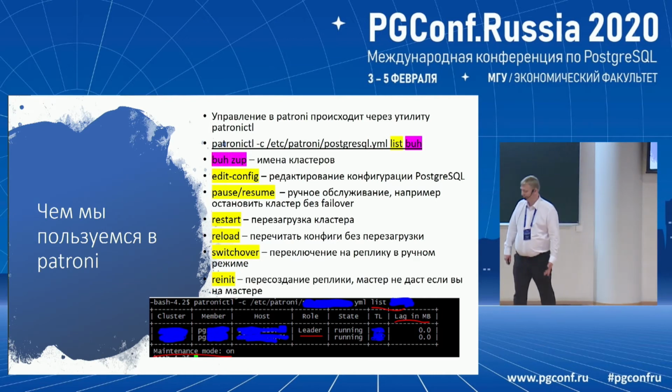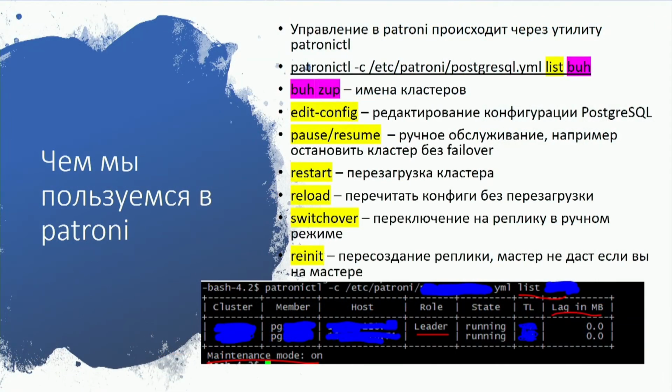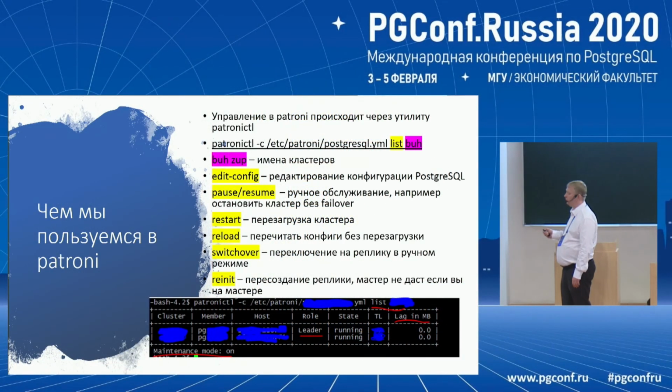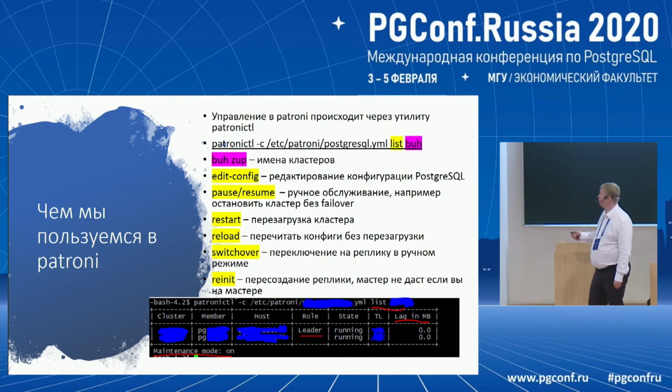What do we use in Patroni? Why is it so convenient for us? Well, actually it's very simple. We can manage it in the following way. Config files, patronictl list. And on the servers we can have several config files. However, in this case, Patroni controls them by itself. So, in this situation, we can use any file.